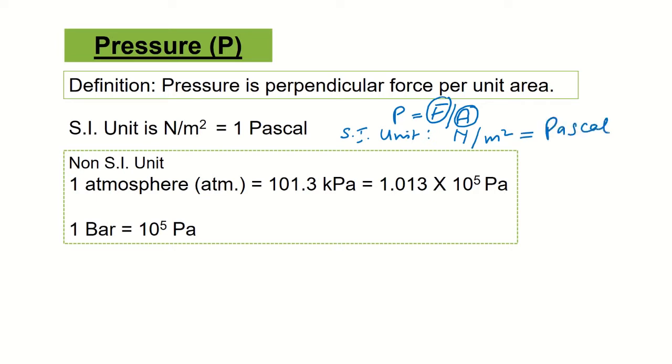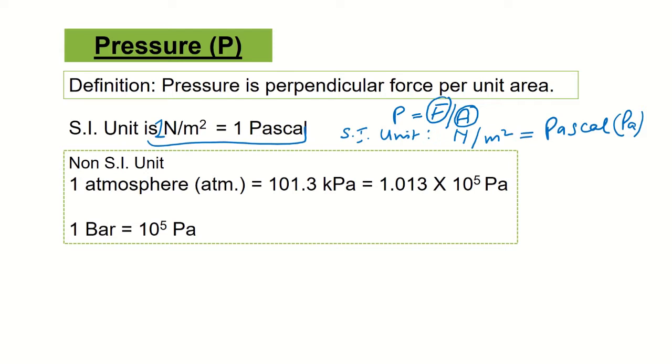In short form we write Pascal as Pa. So 1 Newton per meter square is equal to 1 Pascal.